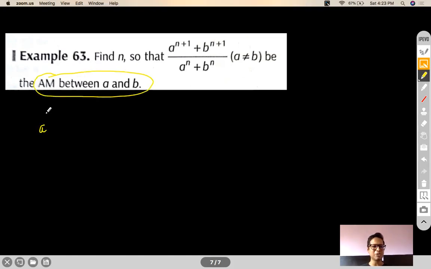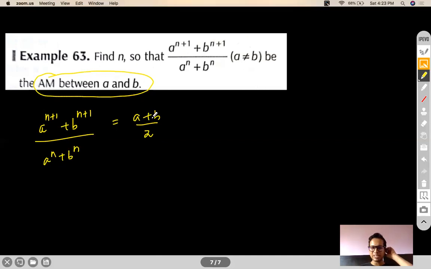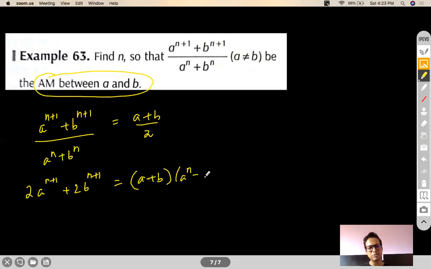Since most of you have done it without wasting much time, because you have to cover a lot of ground today, you must be observing that I am writing very fast. So the arithmetic mean between A and B will be A plus B by 2. Let's cross multiply. So 2 times a to the power n plus 1, b to the power n plus 1 is equal to a plus b times a to the power n plus b to the power n.